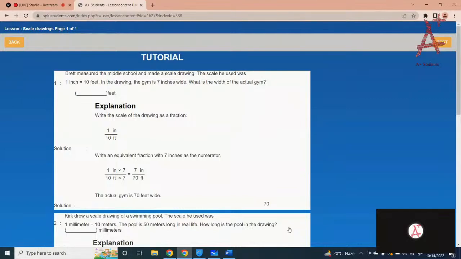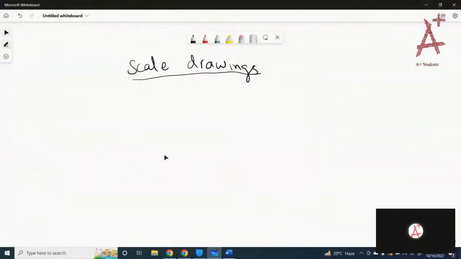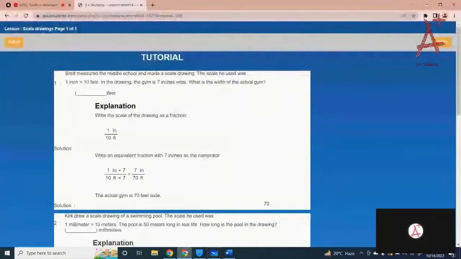What is the width of the actual gym? It is 7 inches. So you need to form a proportion first, that is 1 inch equals 10 feet. So it would be 1 to 10. Got it? And then we have to find the gym that is 7 inches wide. What is the width of the actual gym?